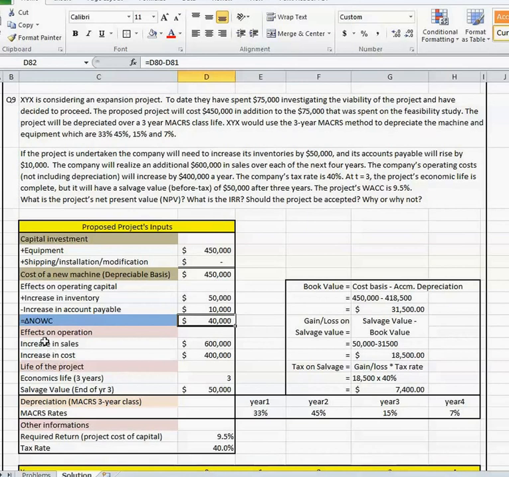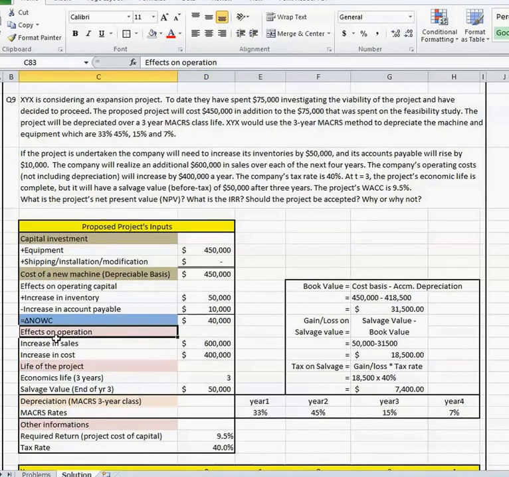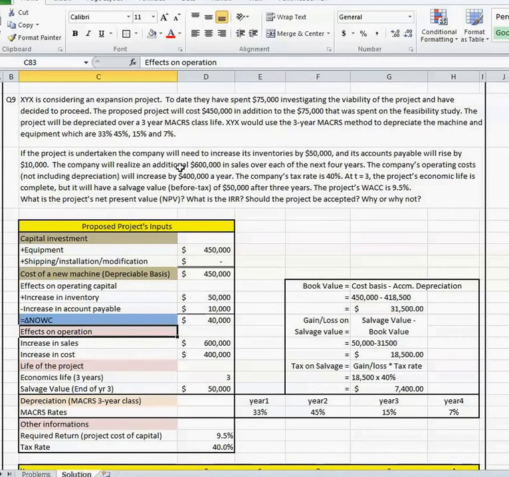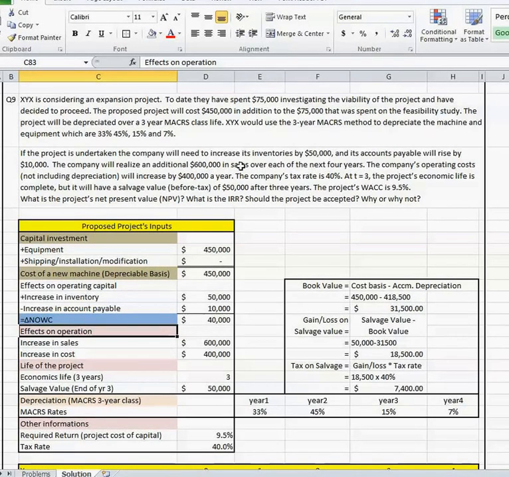The third thing we're going to see here is the effect on operations, or revenue and the costs associated with it. As given in the question, the company will realize an additional $600,000 in sales. Everything here we are talking about is incremental.